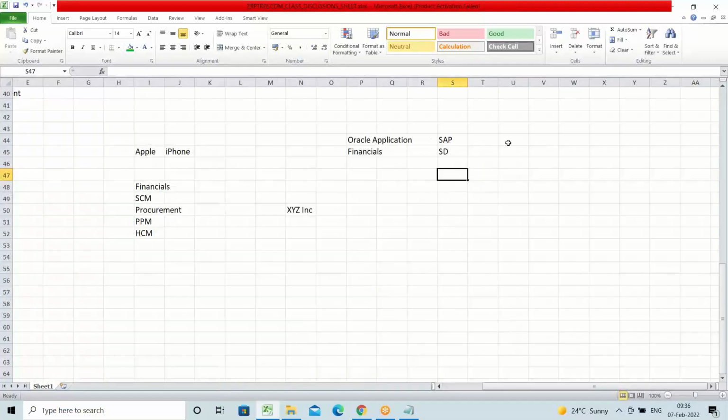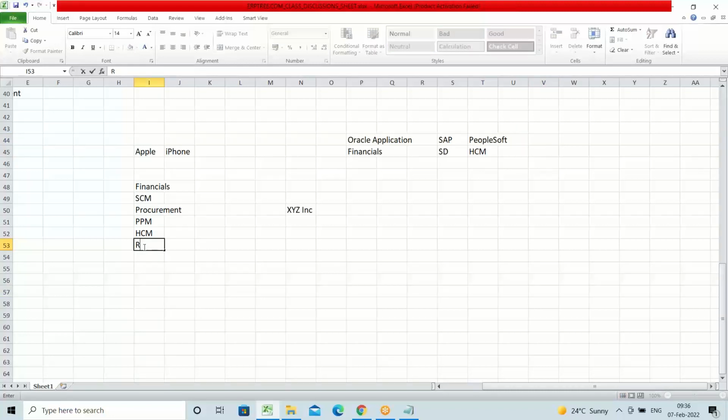And when they look at PeopleSoft, HCM is good. Along with this, definitely they need a reporting solution also, right? When they look at reporting solutions, in Hyperion, reporting is good.